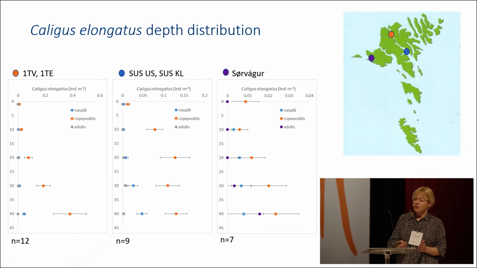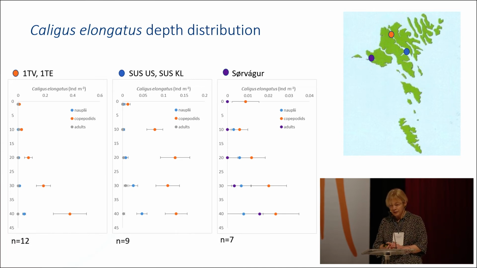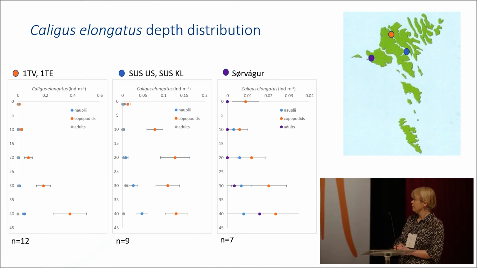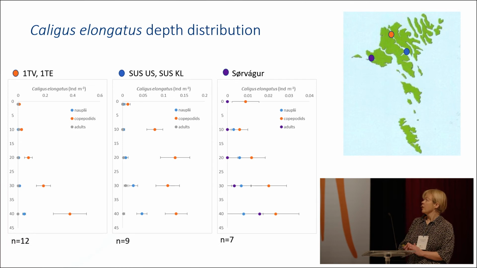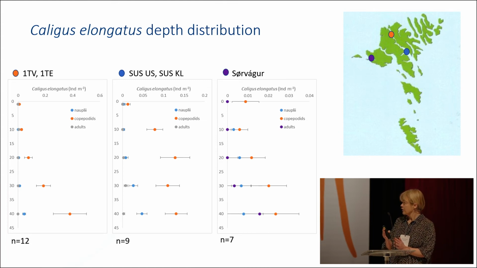So for the Caligus elongatus, we have an additional station. We have also sampled in Sørvágur, and also here we present the adults. And this is because we also found adults in the planktonic samples, but not in high numbers. And for all the stages, they increase quite significantly with depth.